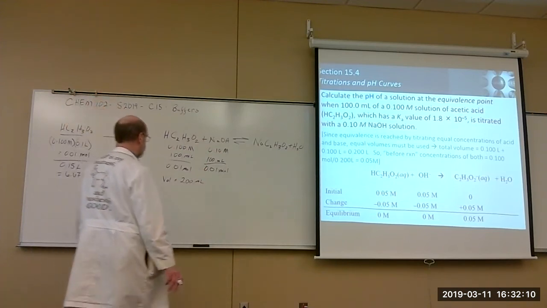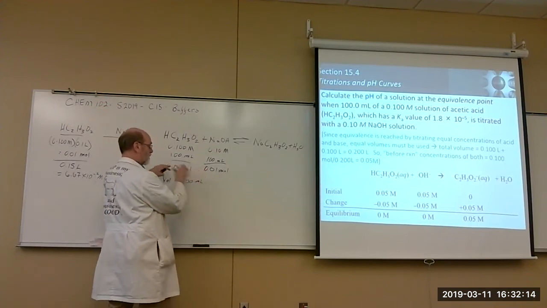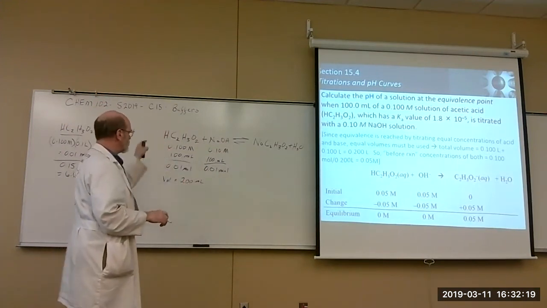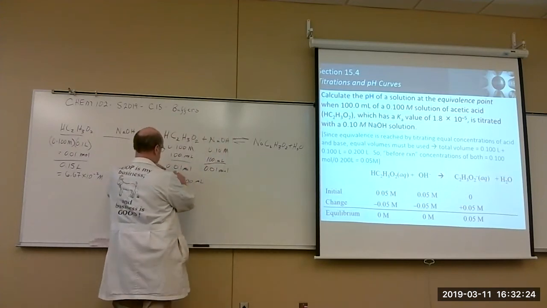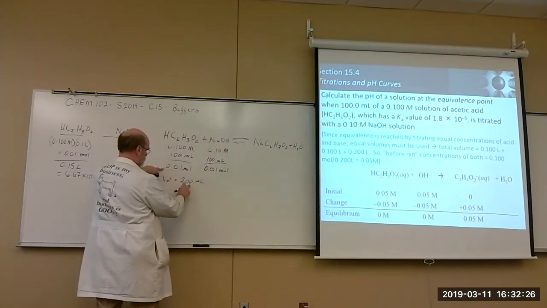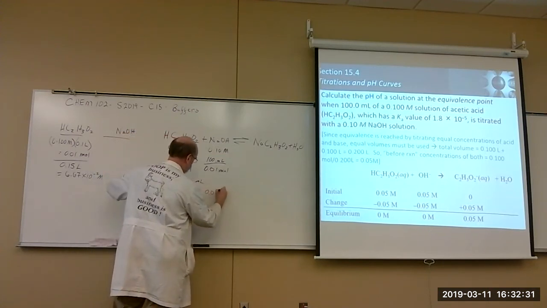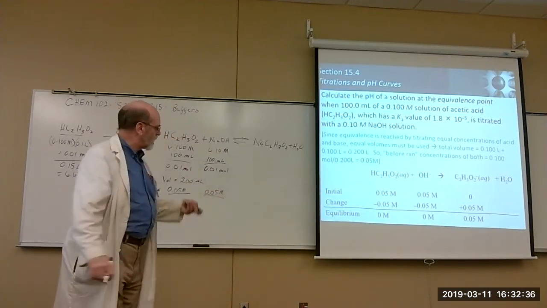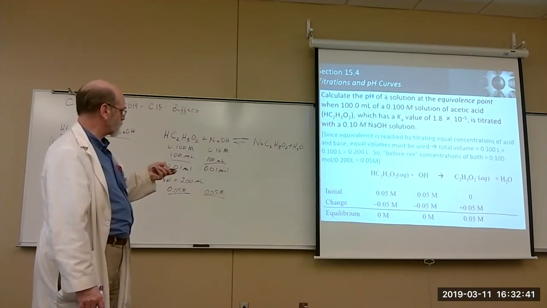And before the reaction occurs, now that we know how much is in there, the concentration of each one of these is 0.01 divided by 0.2 liters. So that's 0.05 molar. When we set up this reaction, there's our sodium hydroxide, and there's our acetate ion.